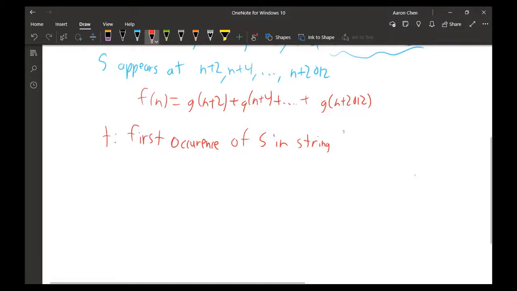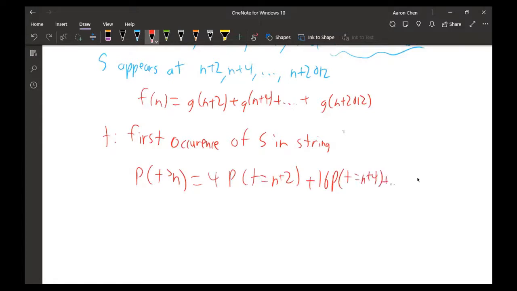And so the probability that t is greater than n is simply 4 times the probability that t is equal to n plus 2, plus 16 times the probability that t is equal to n plus 4, all the way to 2 to the power of 2012 times the probability that t is equal to n plus 2012.